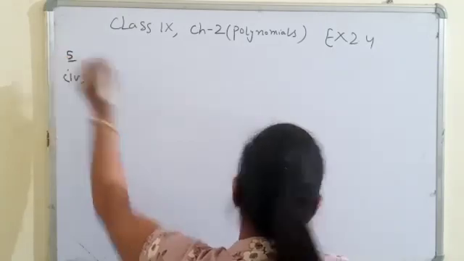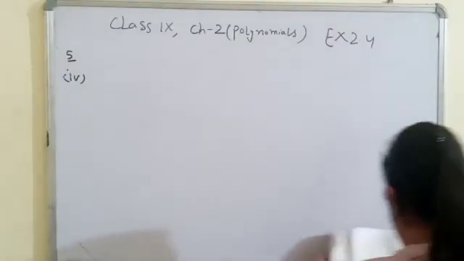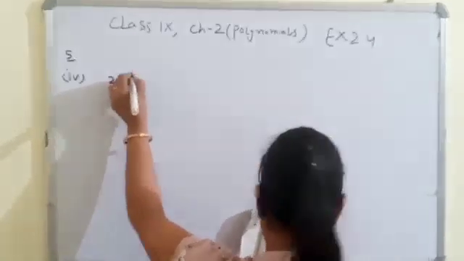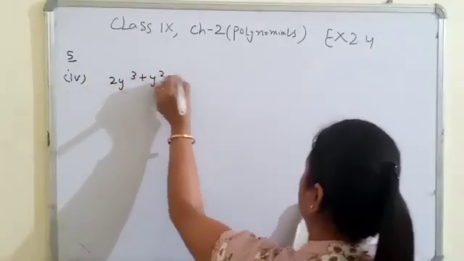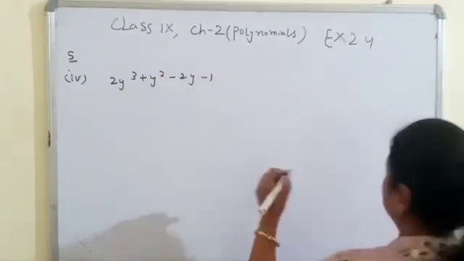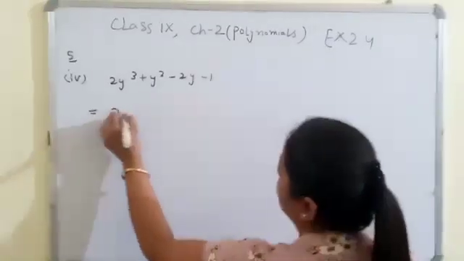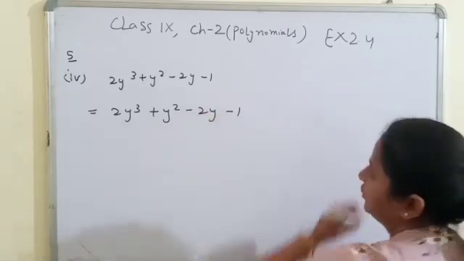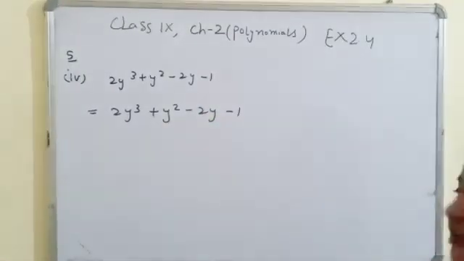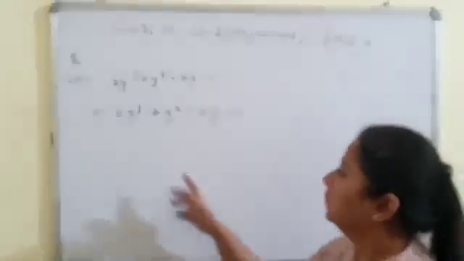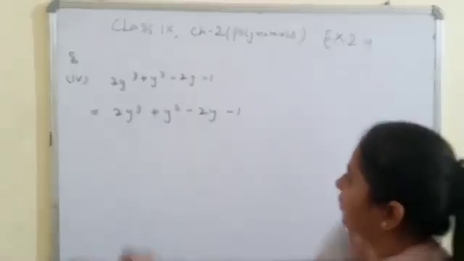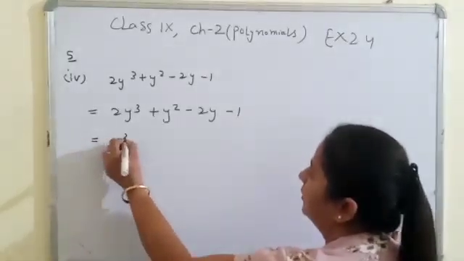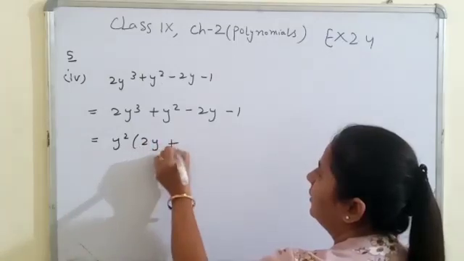Statement for the fourth part is 2y cube plus y square minus 2y plus 1. Yes students, here we can do it by factorization without using the trial method, because from the first two terms when we take y square common, we are left with 2y plus 1.